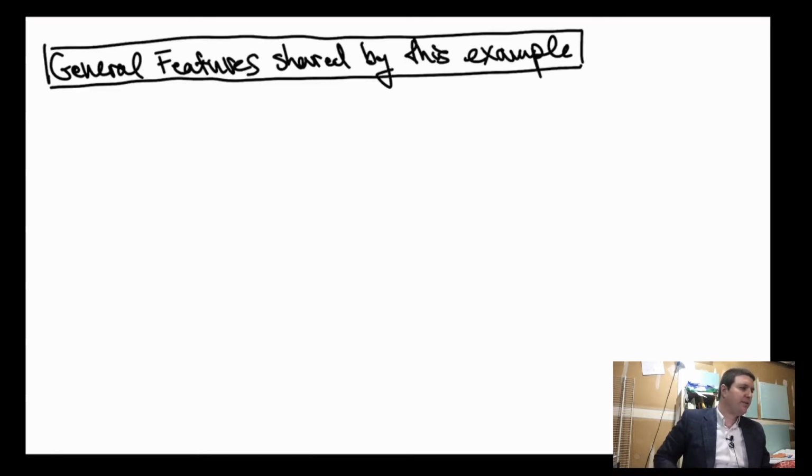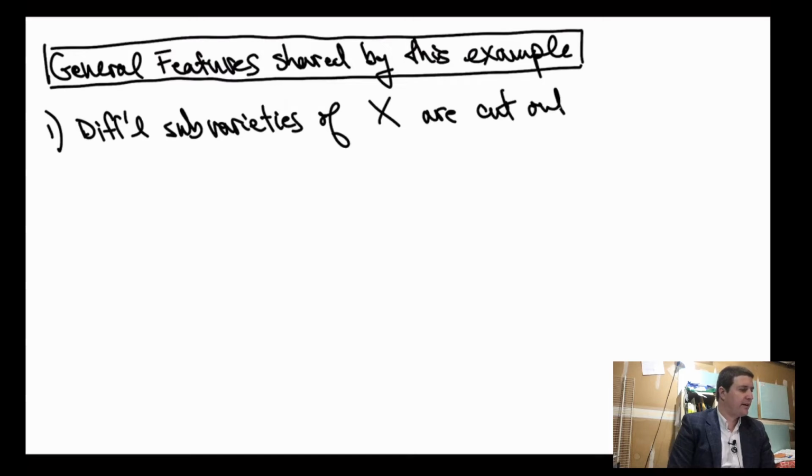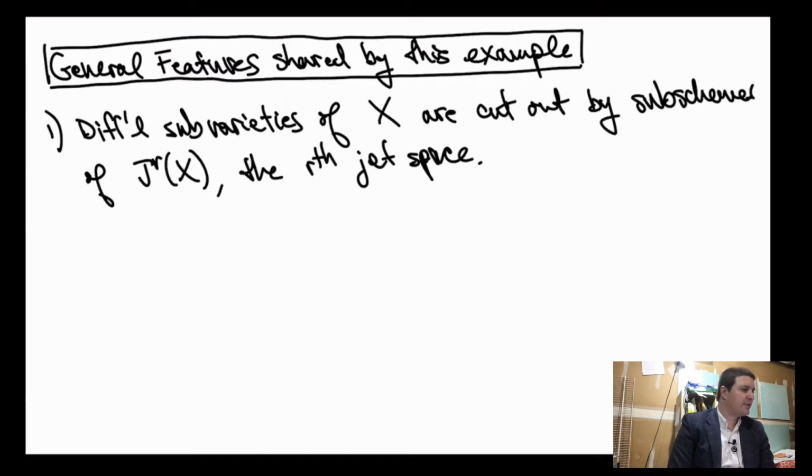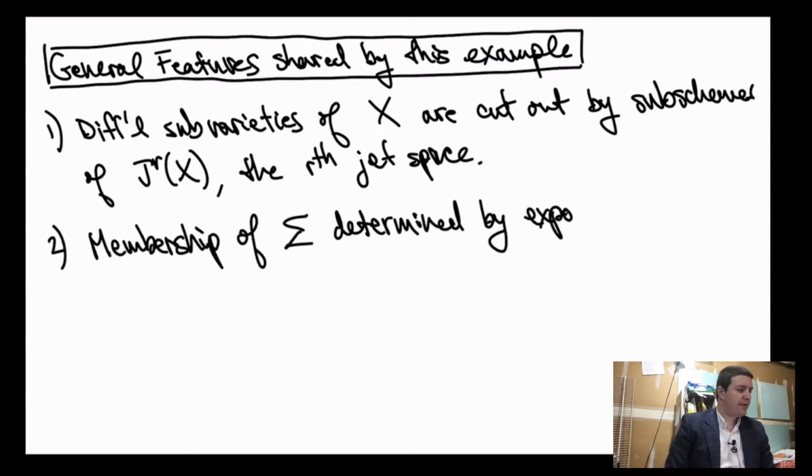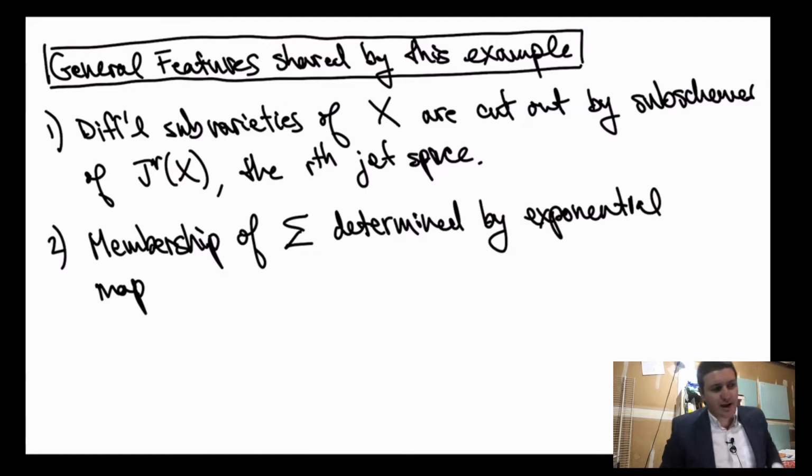The general features of this example persist: differential subvarieties of X are cut out by subschemes of an Rth jet space, or some jet space. And membership, as I said before, is determined by the exponential.